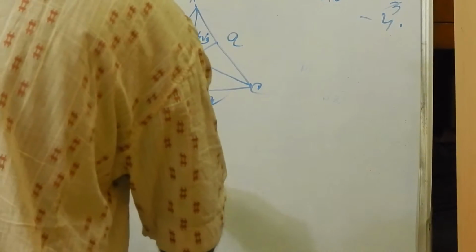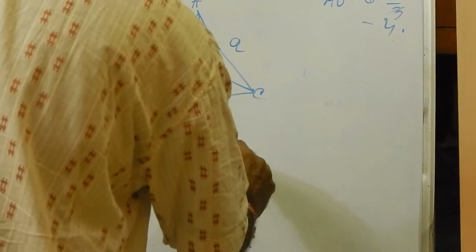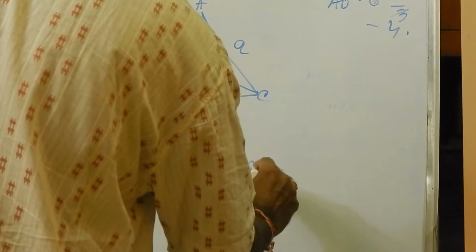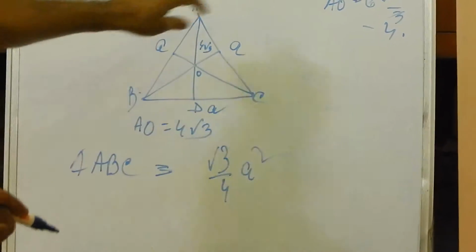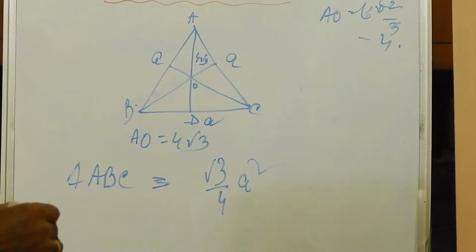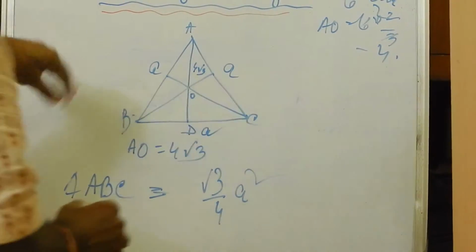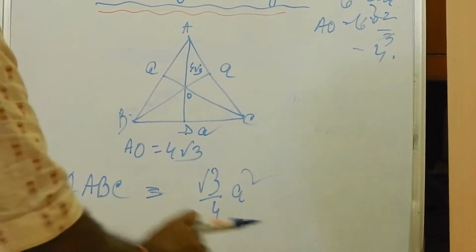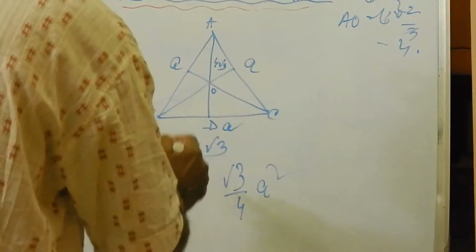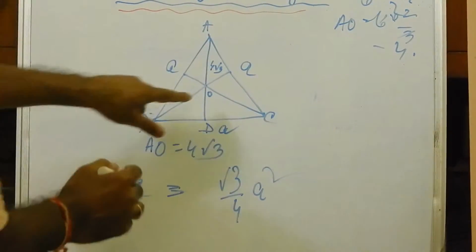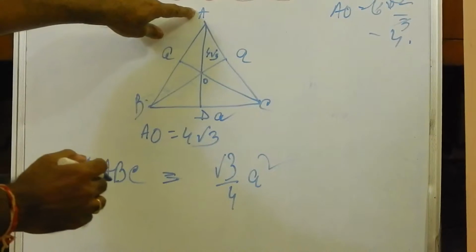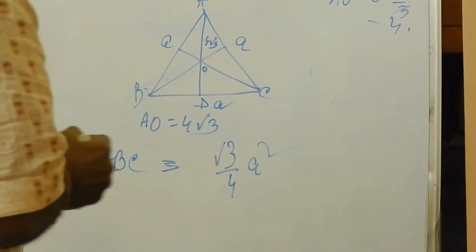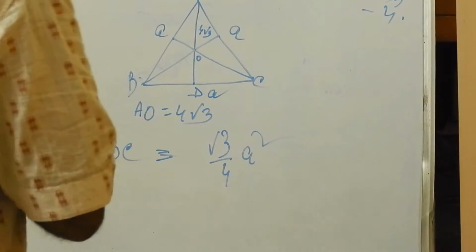So there is the basic formula √3/4 A square. It's the area of any equilateral triangle. And what I mentioned just now, that in case of centroid, the distance between the centroid and the vertex is 2/3 of the median.